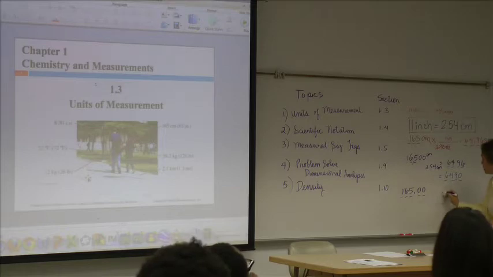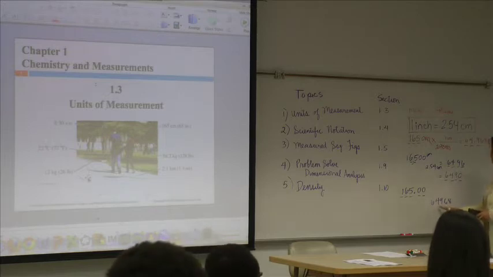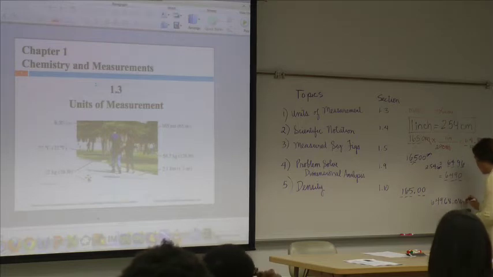The answer would be 6, 4, 9, 6, 8, 6, or whatever the numbers are, right? What is the actual one? 64968.06.